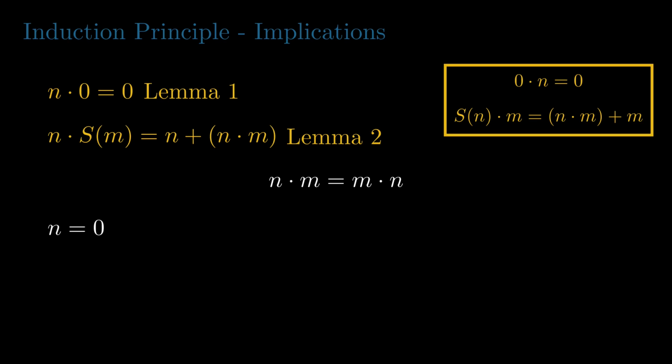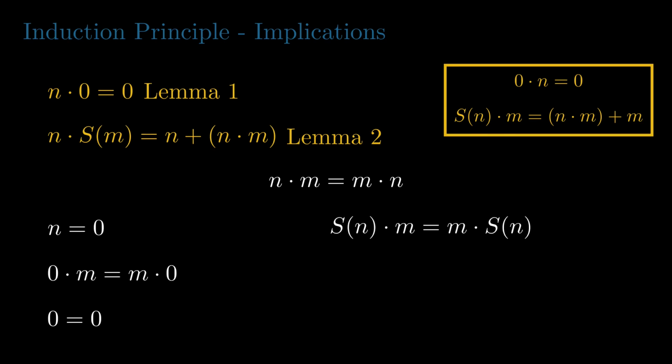The expression becomes 0 times m equals m times 0. Given the properties of multiplication, both sides of the equality are 0. Now the next step. What if we substitute n with s of n? We get s of n times m equals m times s of n.